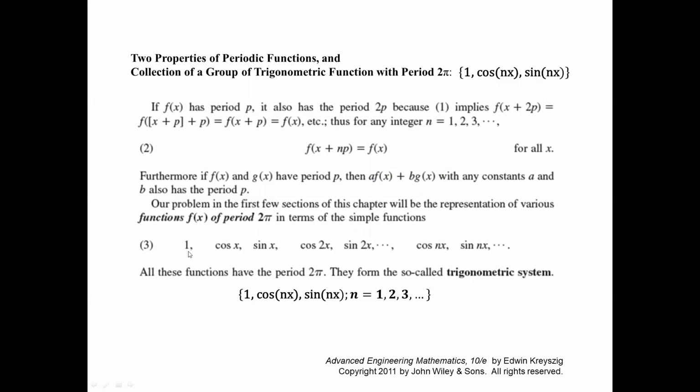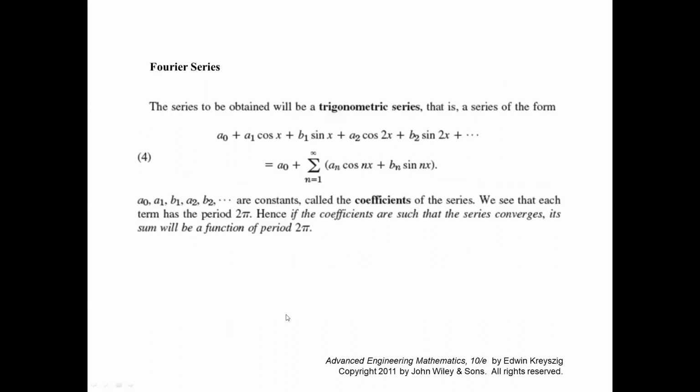If every element in this group has a period 2 pi, then according to what we stated here, a linear combination of all of them will have period 2 pi. That's what I show you right here. Any linear combination of these elements has period 2 pi.